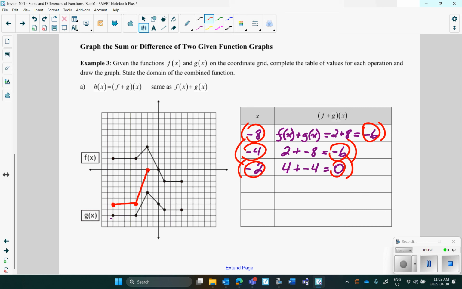My next ones are at 0. What's the value of f of x? 0. Plus the value of g of x? -6 gives me 0, -6.